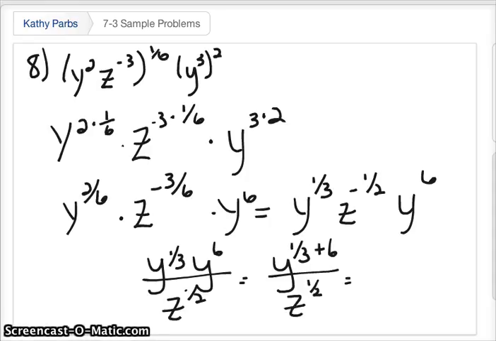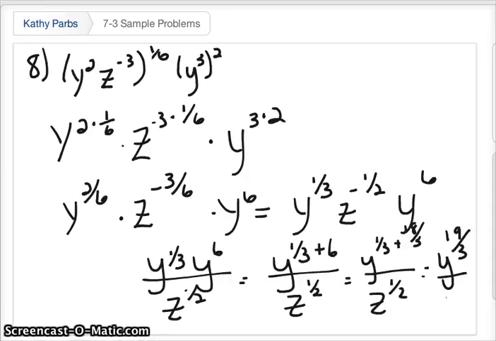Remember, to add fractions, we have to have the same denominator, so this would be y to the 1/3 plus 18 over 3, because 18 over 3 is the same as 6. And so adding these, we would get y to the 19 over 3 divided by z to the 1/2. And while it's not very pretty, that would be our answer.